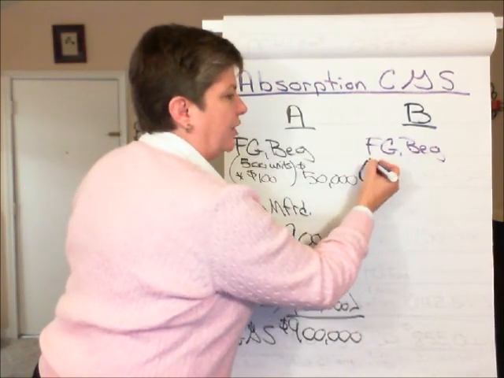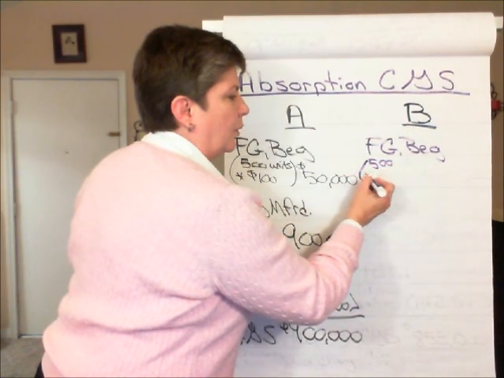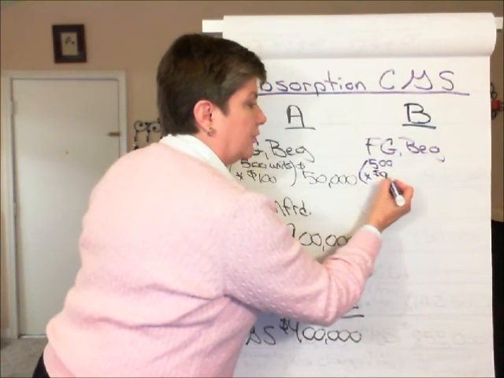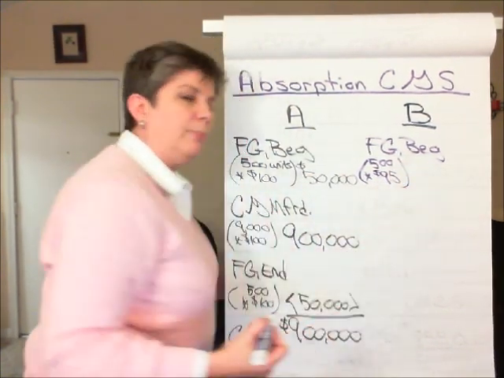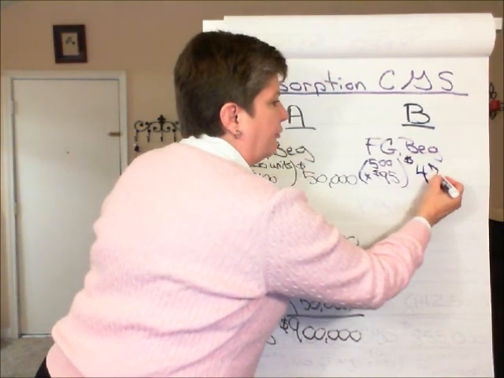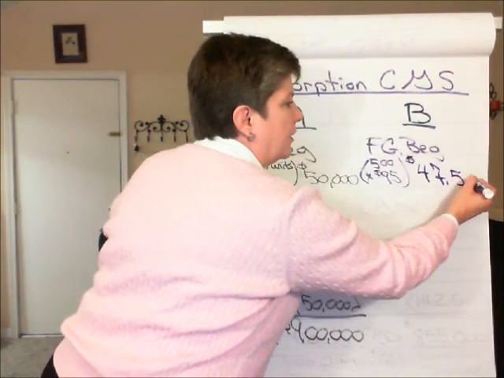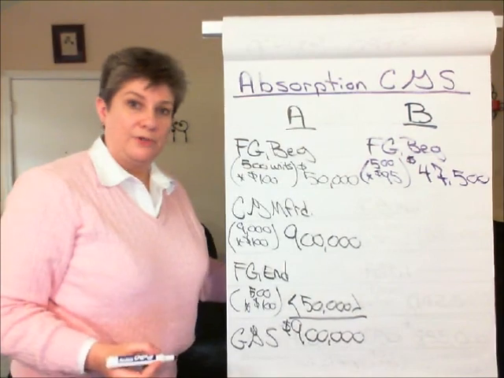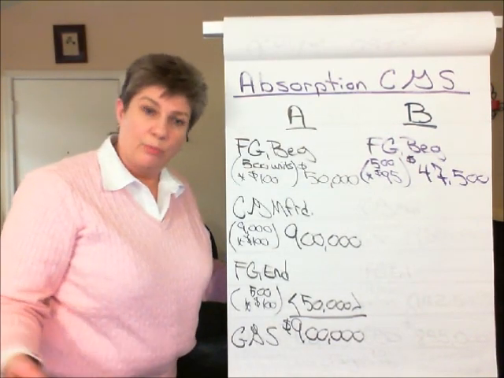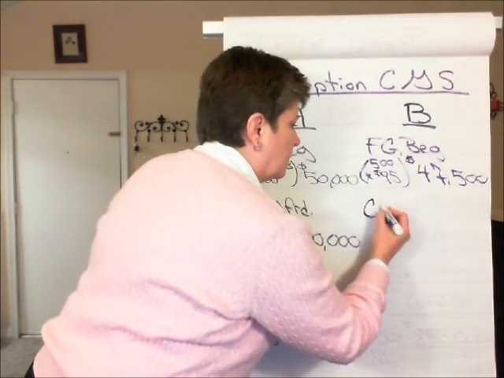So those 500 units in beginning inventory would also have been costed at $95 per unit. So beginning inventory would have had a total cost of $47,500.